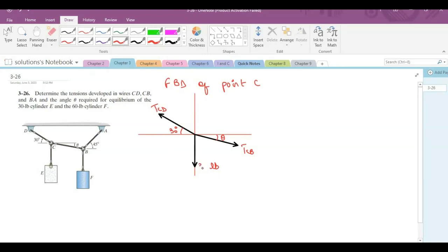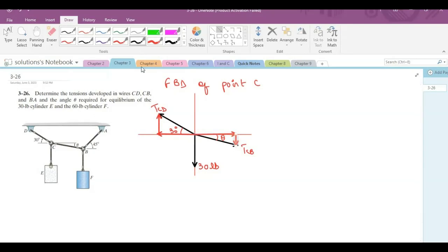Now I can resolve these two tensile forces, TCD and TCB, into their components. I have one horizontal component and one vertical component. Similarly, for this force I have one horizontal component and one vertical component.